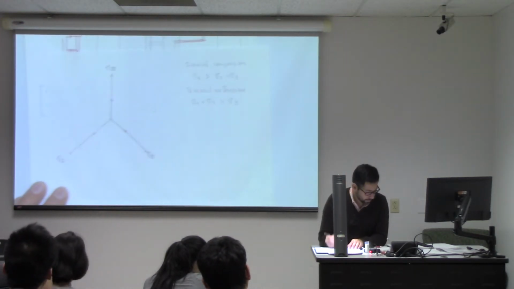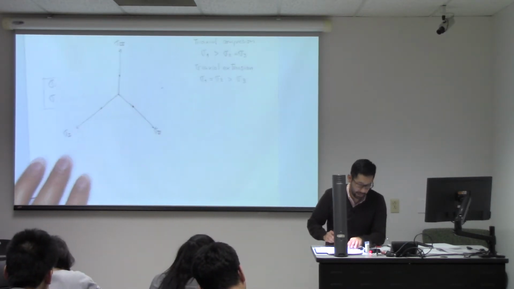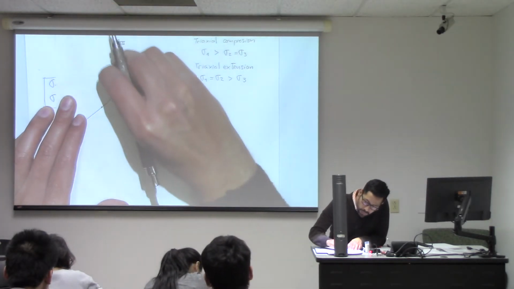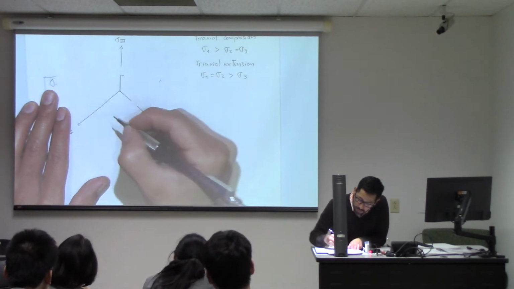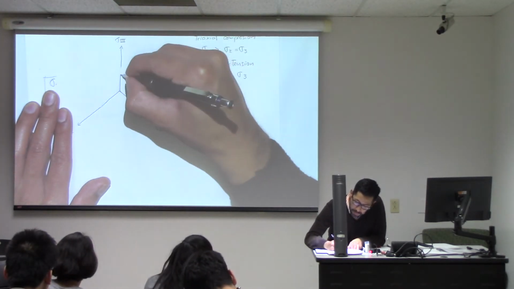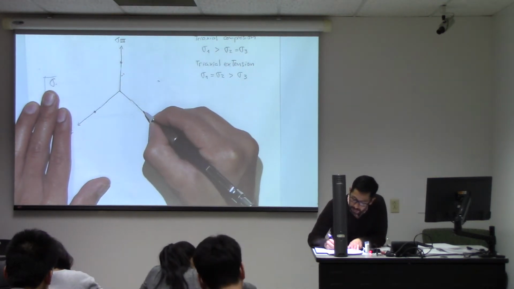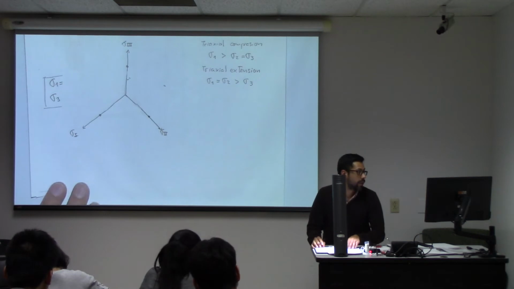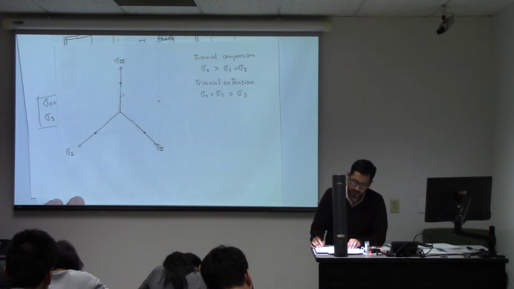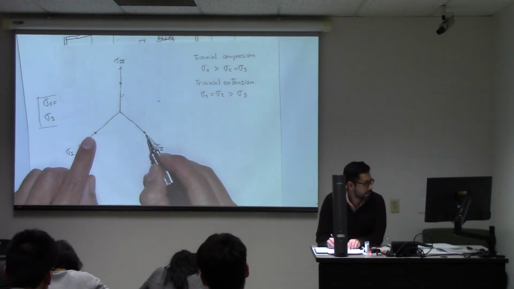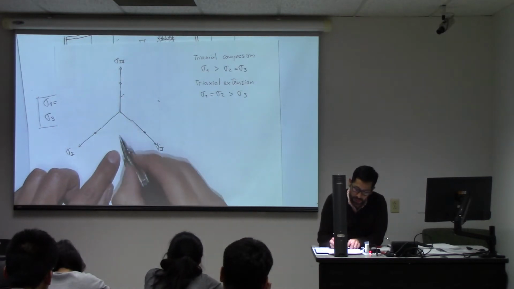If I plot this into this pi diagram, let me make it a little bit bigger so I have a little bit more space to draw. So let's say it goes up to here, triaxial compression, all the same. Let's say that I go in triaxial extension by increasing these two and keeping this one equal to 0.